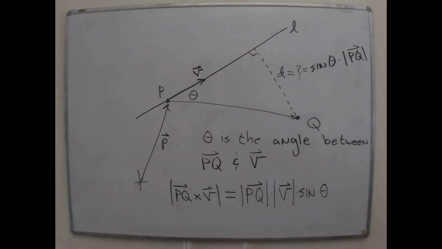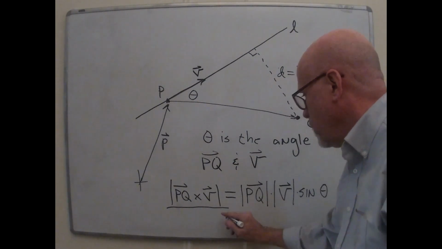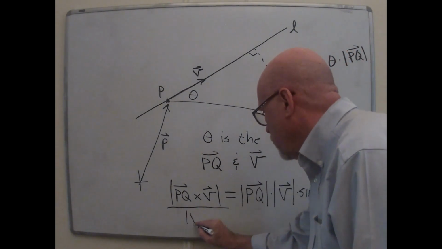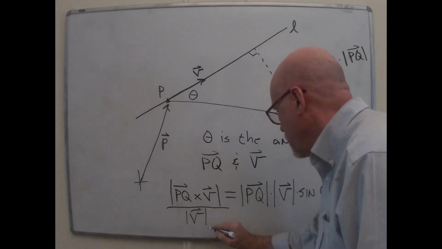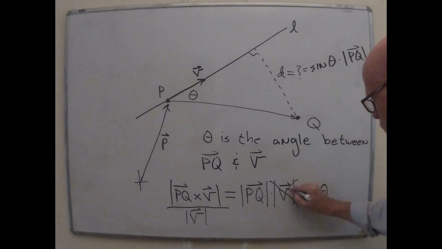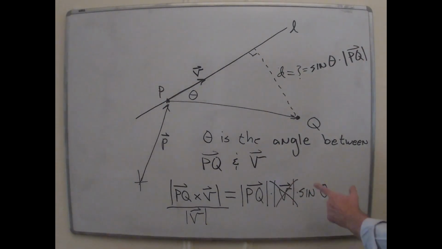So the cross product has basically got the junk we want in it. It's got the sine of theta, it's got the length of PQ. We just need to not have that V in there, so you can make that happen easily enough. Just divide both sides by the length of vector V, which will cross that one out, right? And what is this after all? That's our distance.